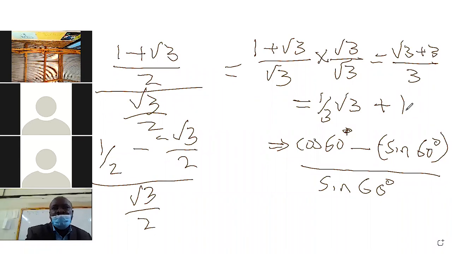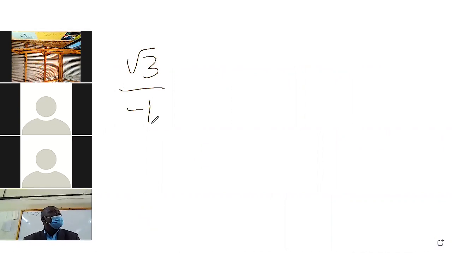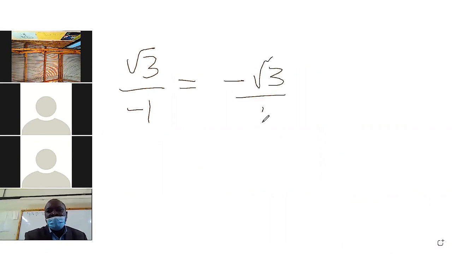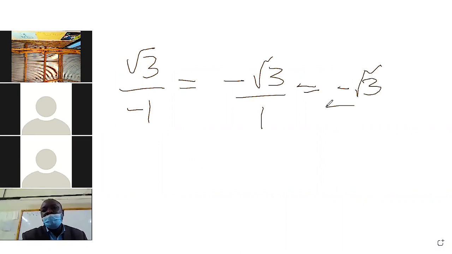For example, if you leave the answer as root 3 over negative 1, that is not simplified. To be simplified, it will be negative root 3 over 1, which should end up giving you negative root 3.